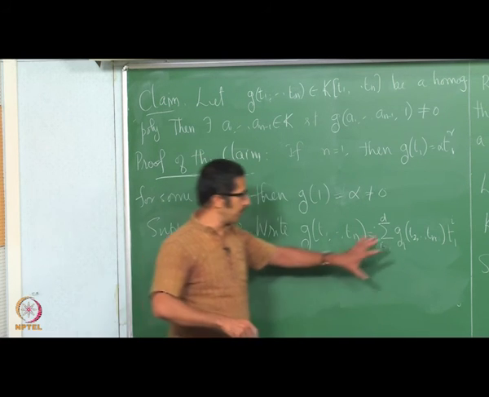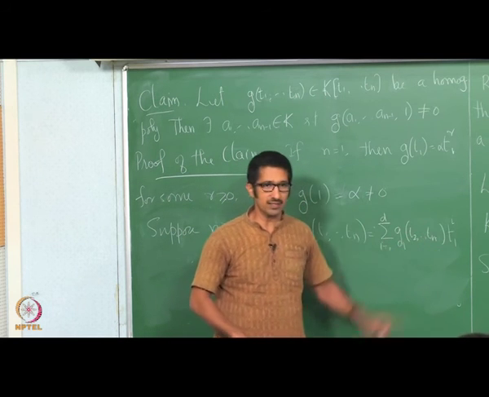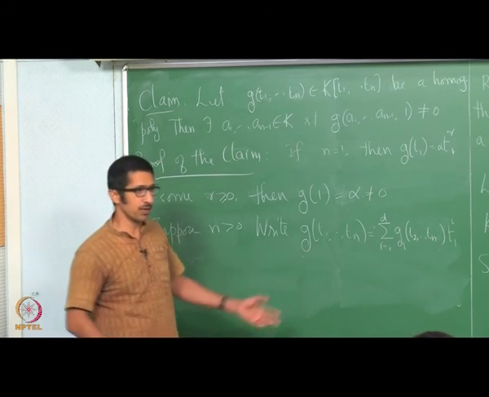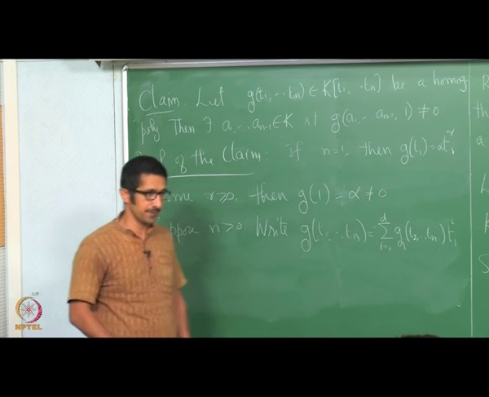So, write this as a polynomial in t1 with coefficients coming from t2 up to tn.